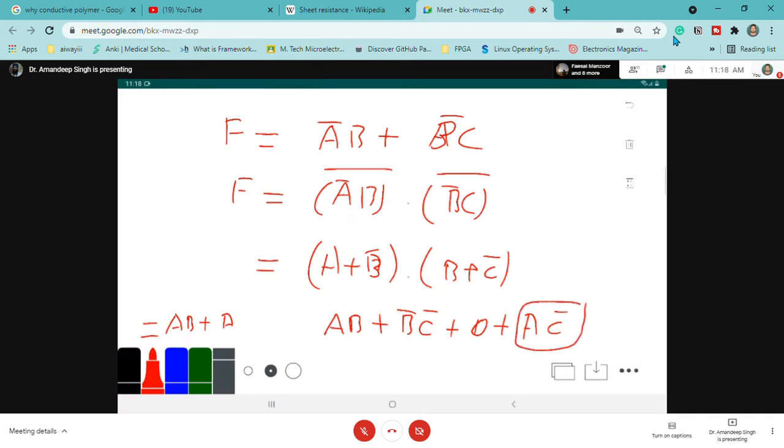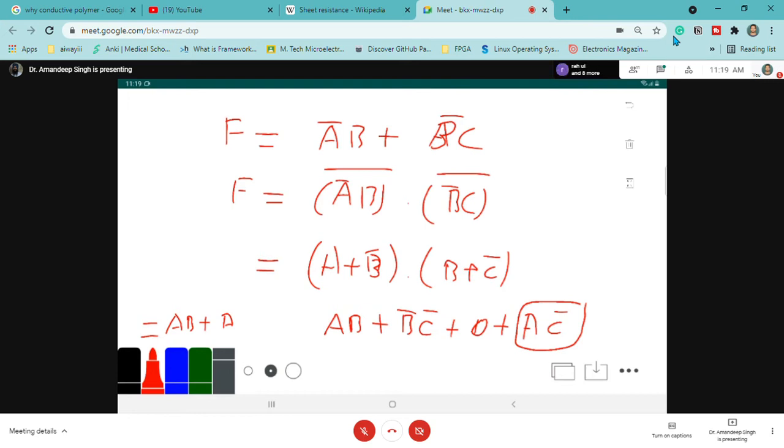Yes, sir, by minimizing the function using, you can say, K map. Okay, if you minimize using K maps, even this is also true.